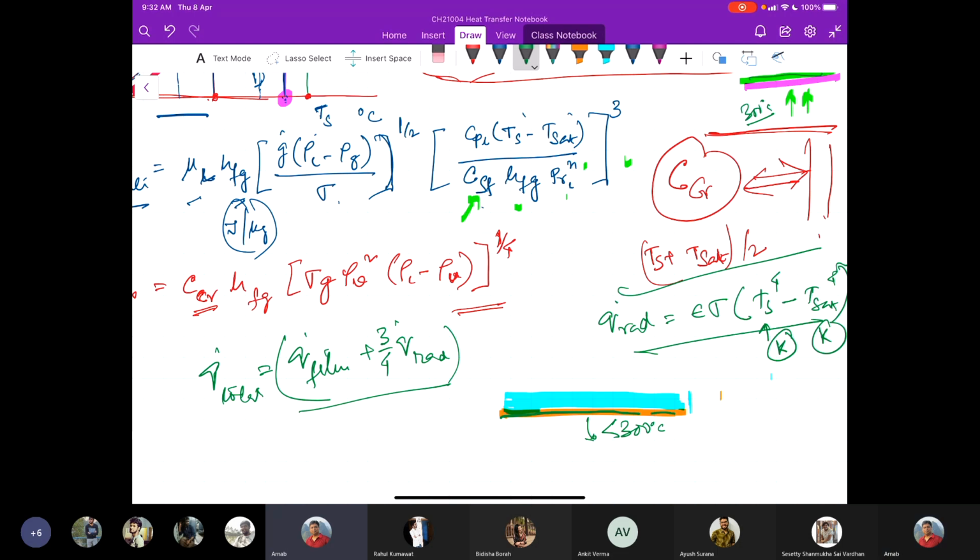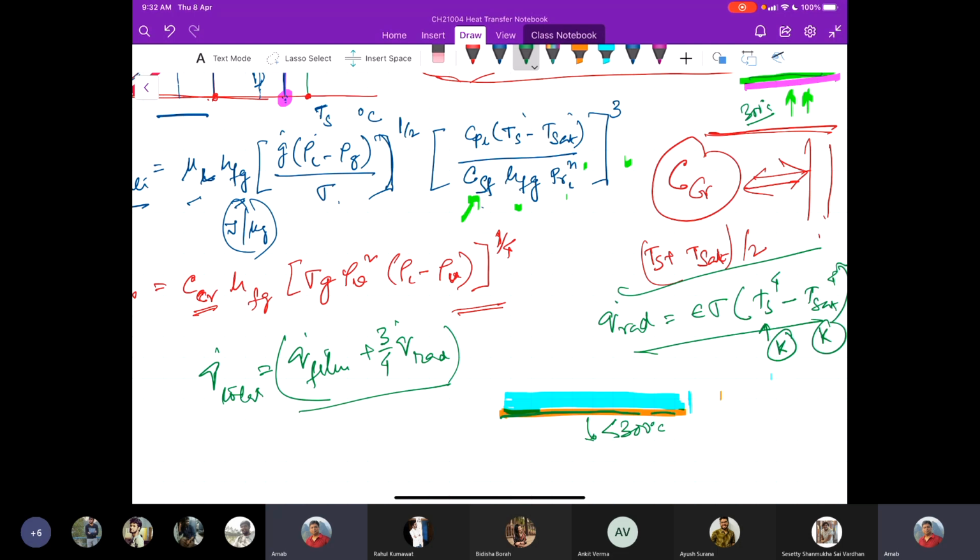Anyone? Can anyone tell me, if we further think of the practical scenario, you are boiling some water in a pan. You are in the pool boiling region. That means the fluid is stationary.